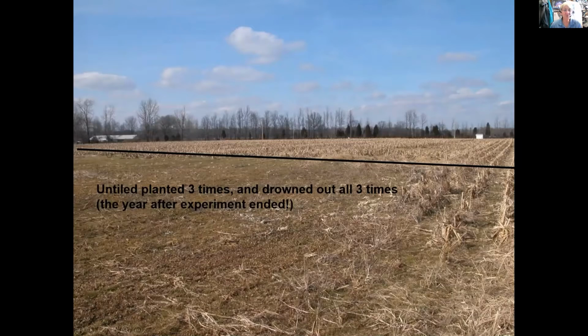And in the background where there were tiles, it got planted and it grew well from the first planting. And you can see all the corn stubble here. So again, obviously for a farmer who's got a field that has less than perfect surface drainage, where there's a little bit of ponding or accumulation of water, the difference between no yield and a good yield is obviously very, very significant.